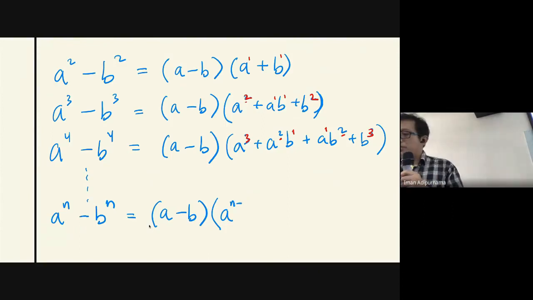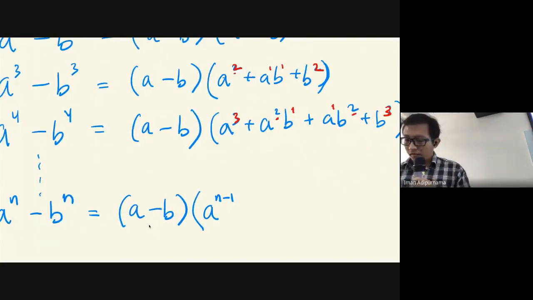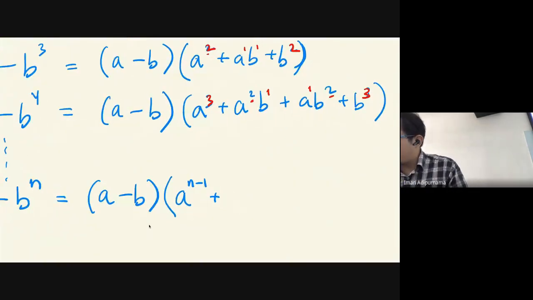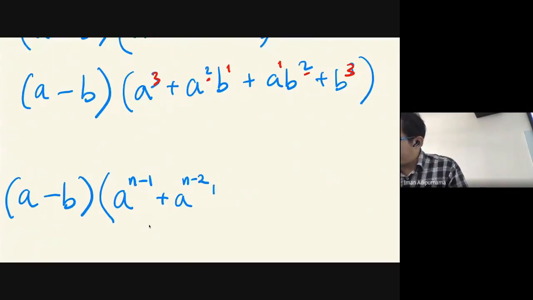So n minus 1. And then plus the next one, which should be A to the n minus 2, but there's B up here.